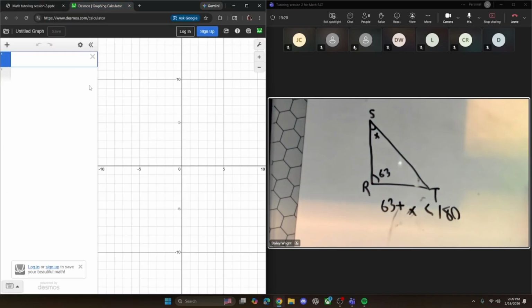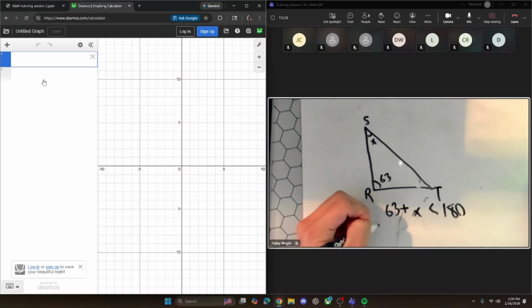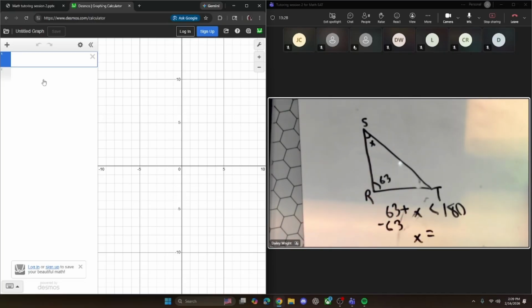So you see 63 plus X has to be less than 180, so subtract 63 over, and then X has to be less than 117, I believe. Yes, 117.